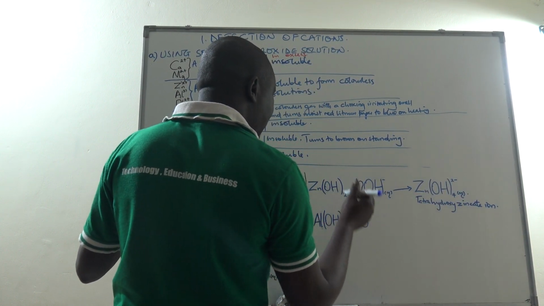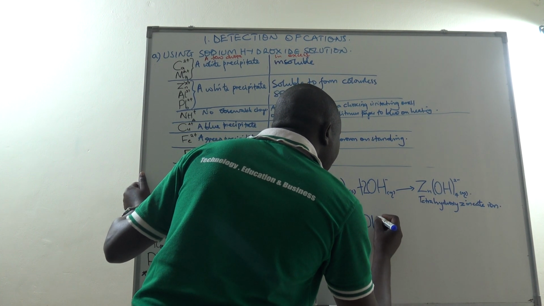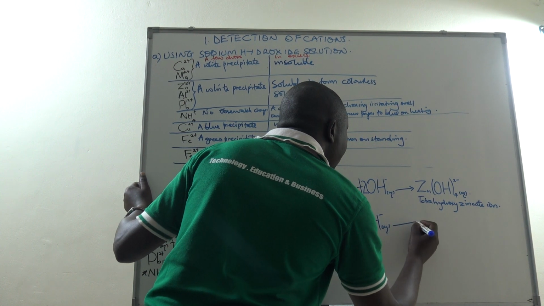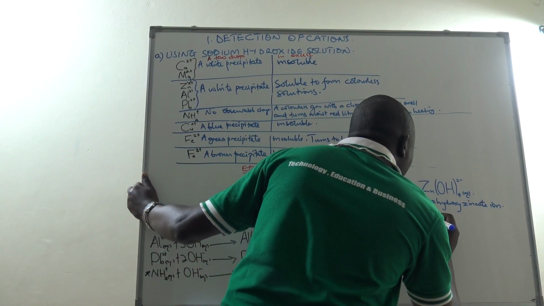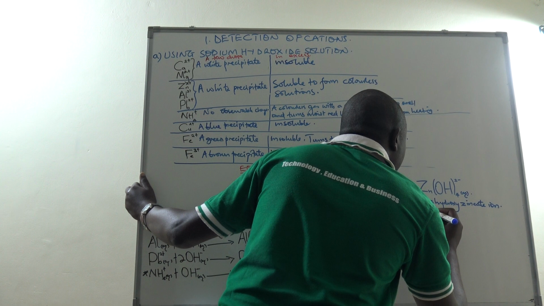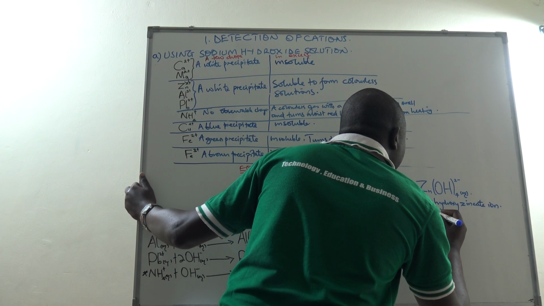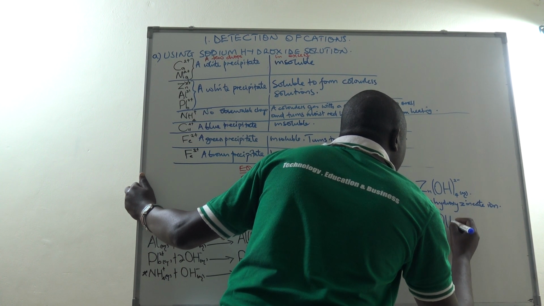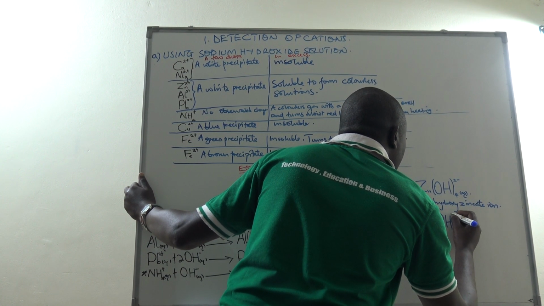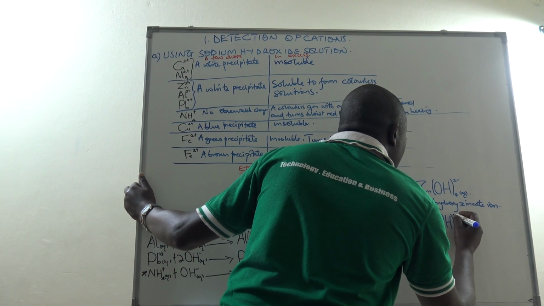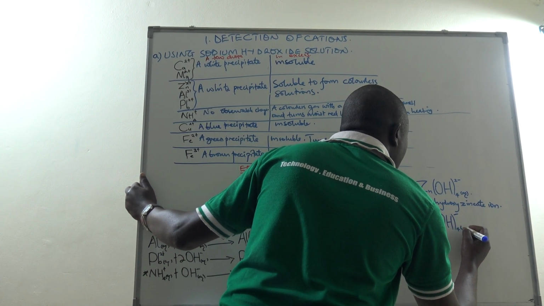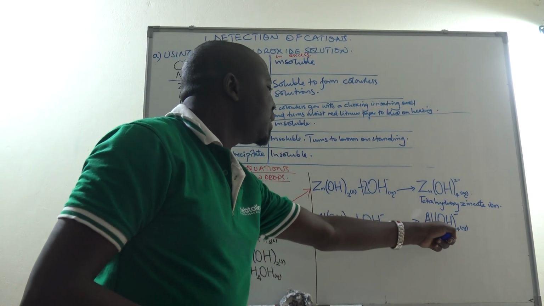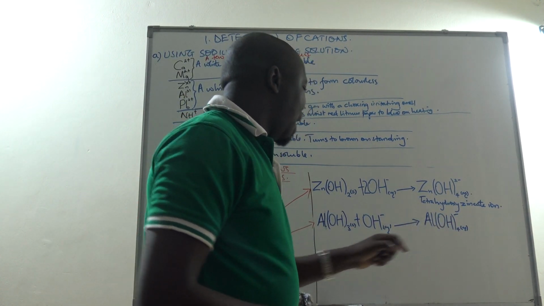These 2 plus these 2 gives us 4. Plus the hydroxide ion in this case. We are also able to get our tetrahydroxo, not zincate this time, but we have aluminate ion, Al(OH)4 minus. So it is only gaining 1 hydroxide ion to make tetrahydroxoaluminate ion.